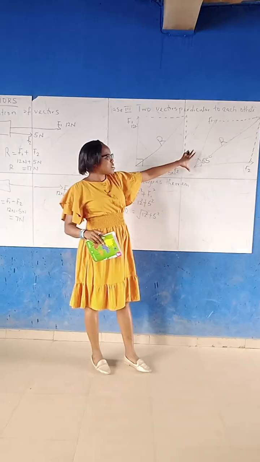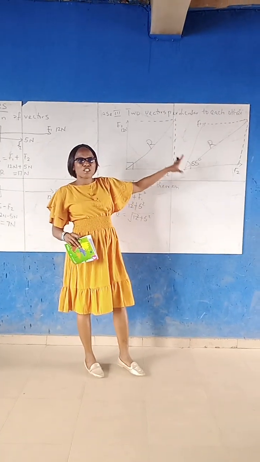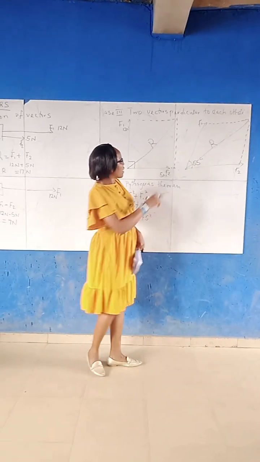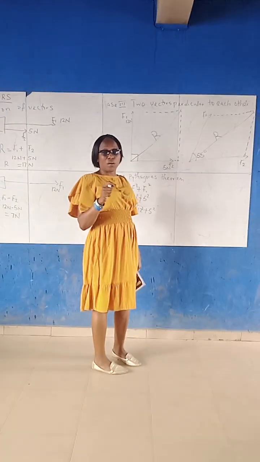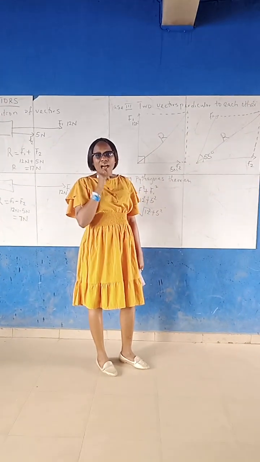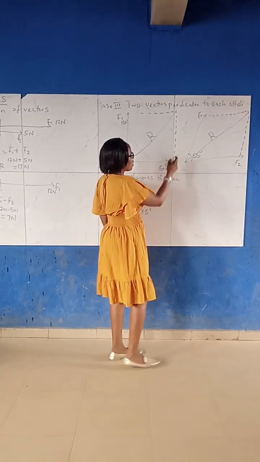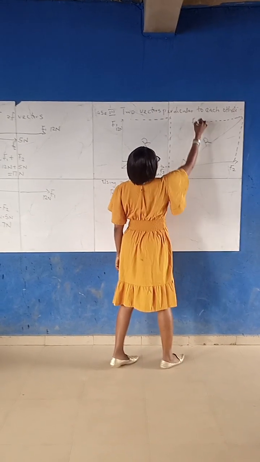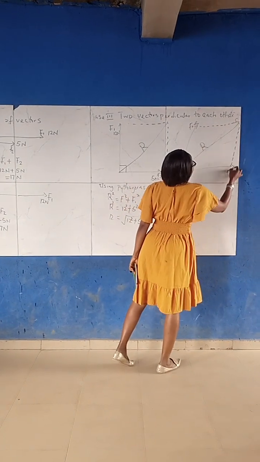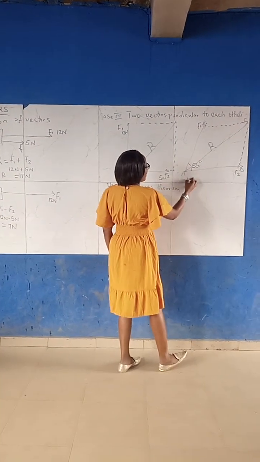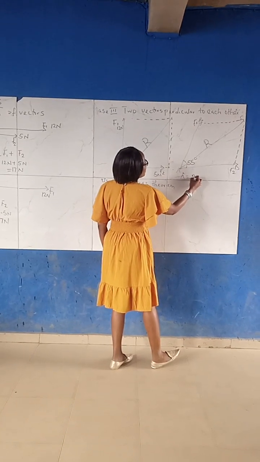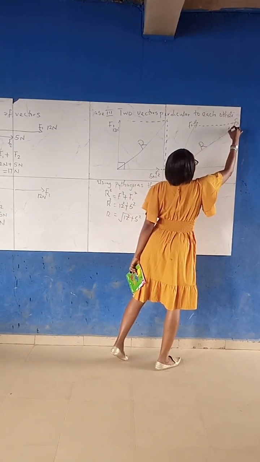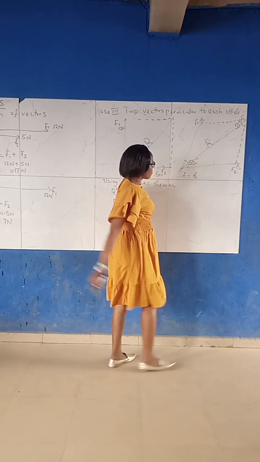Now, before you can solve this, you must know the characteristics of a parallelogram. I must know that in a parallelogram, the two opposite angles are equal. Let me say I have a parallelogram A, B, C, D. Now, angle A will be equal to angle C. So if this angle is 55 degrees, angle C will be 55 degrees.